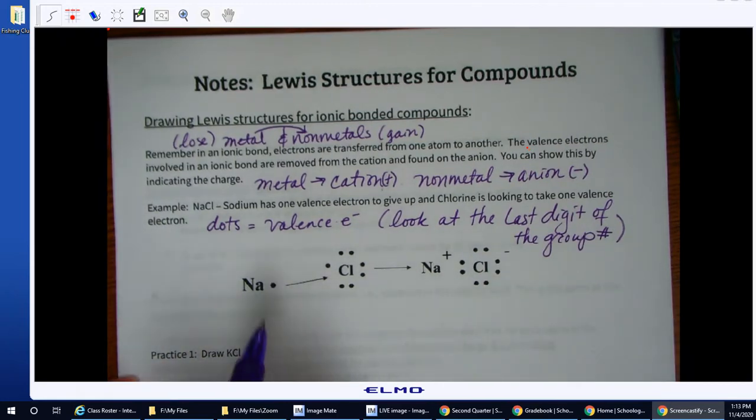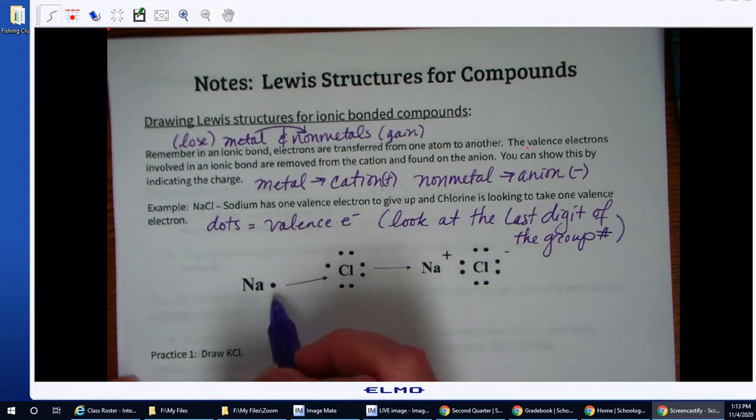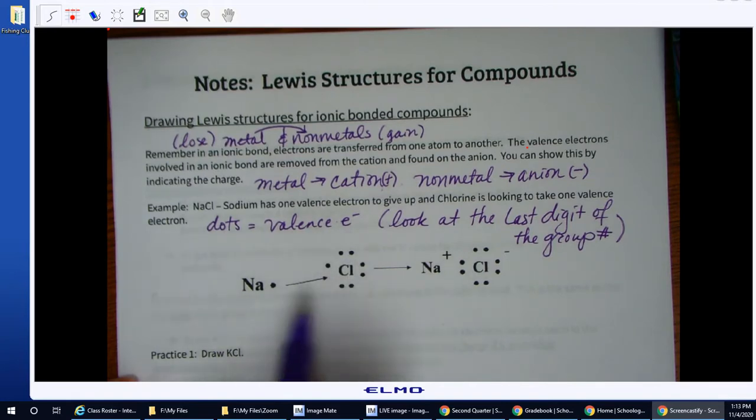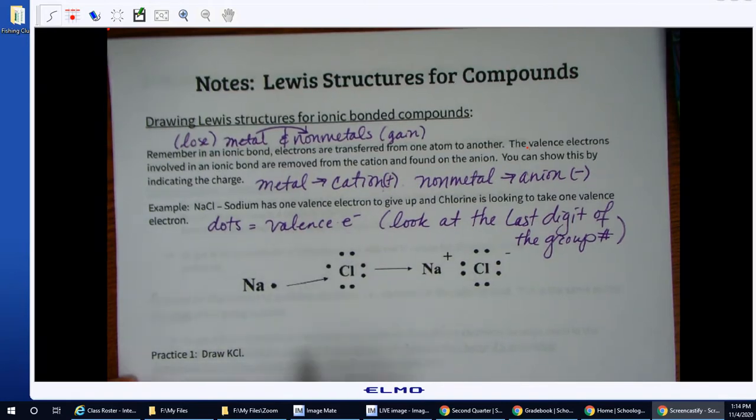So valence electrons, remember, are in the highest energy level, they're going to be the outside electrons, and they're the ones that are going to interact when these bonds form. And so sodium has one valence electron, which actually makes it less stable. And so it tends to lose that electron when it comes into contact with an electronegative non-metal. That non-metal is seeking that electron.